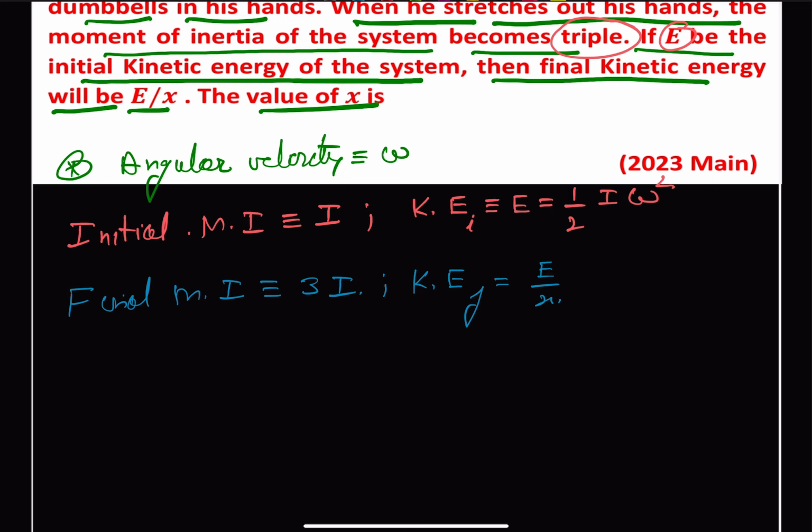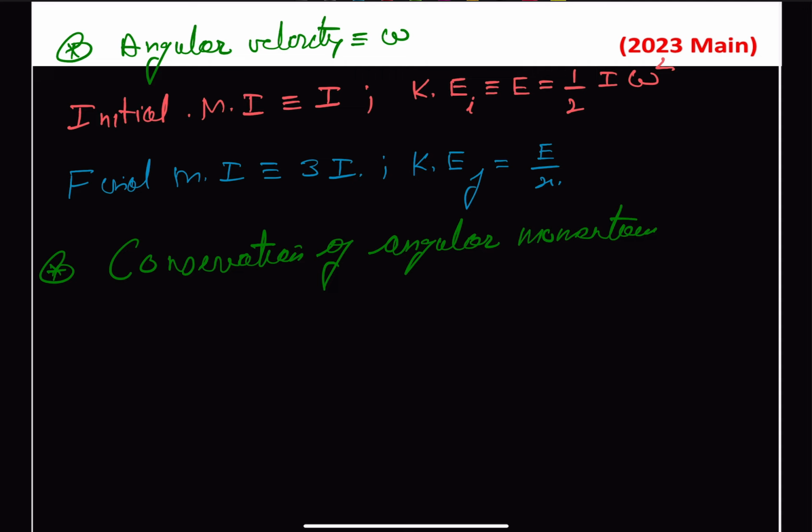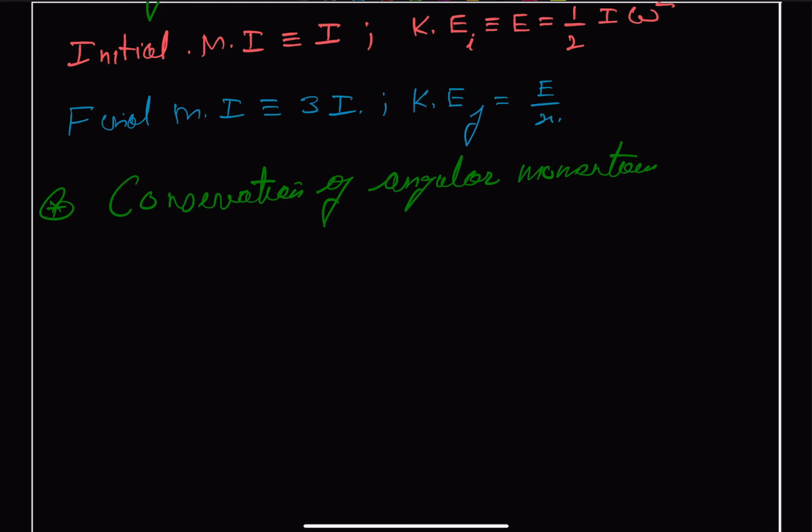So we are going to use conservation of angular momentum, which means L initial will be equal to L final, or we can say I omega will be equal to I final omega final.